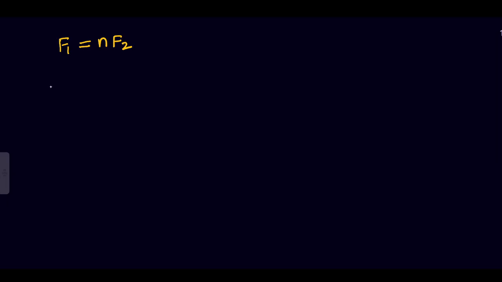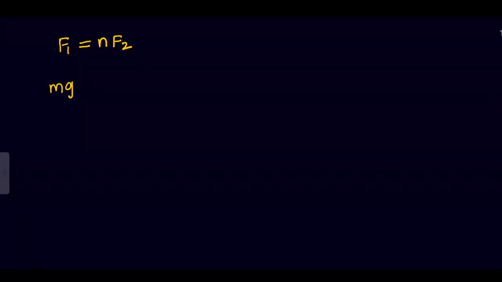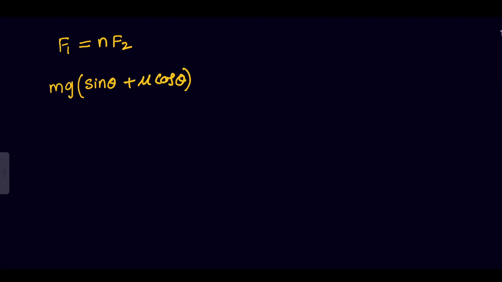So F1 means what? This is mg, so we can take mg common. We have taken mg common: sin theta plus mu cos theta, which is equal to what? n times, with mg common here also, sin theta minus mu cos theta.